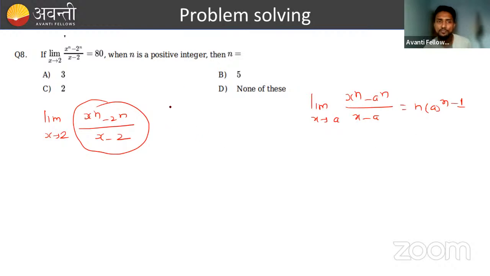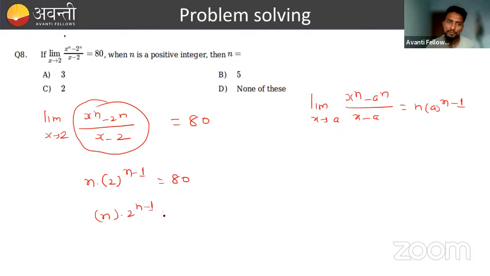After solving this, it is equal to 80 as given. So I can write n into 2 to the power n minus 1, and that is 80. You can directly use hit and trial. If n is 3, then 3 into 2 squared is not coming to 80.